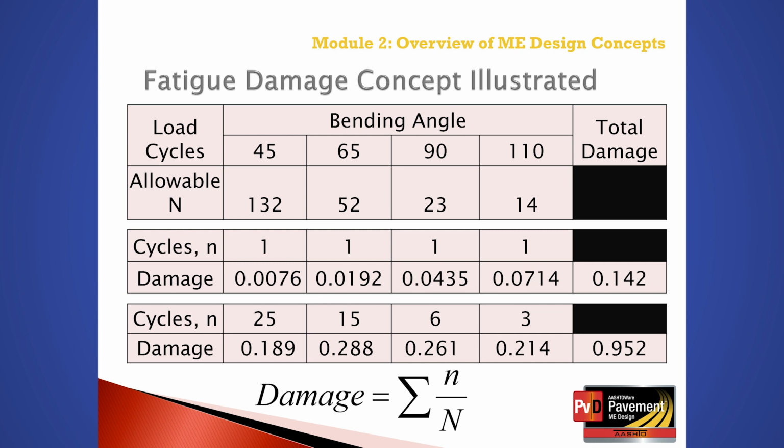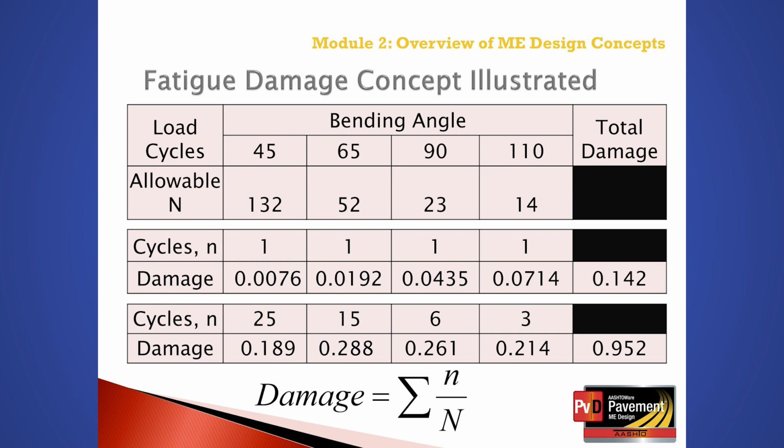The damage index, or the incremental damage index from one bend for each bending angle used, is calculated as the actual load cycle, or one bend cycle, divided by the allowable number of bends or load cycles, which is tabulated on the screen. The total damage for one cycle or each angle is summed and equals 0.142.